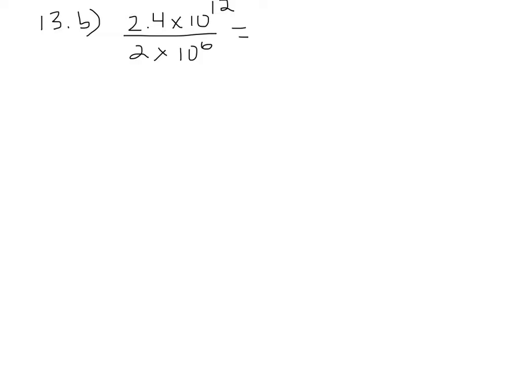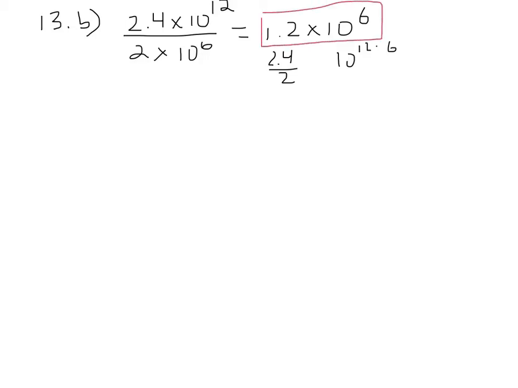We end up with 1.2 times 10 to the 6th power, 1.2 because I divided 2.4 by 2, and 10 to the 6th because I subtract my exponents, 12 minus 6. So that's the first part of the question.